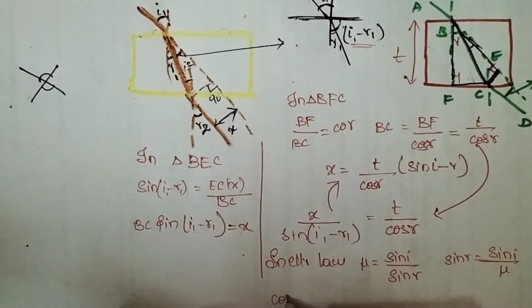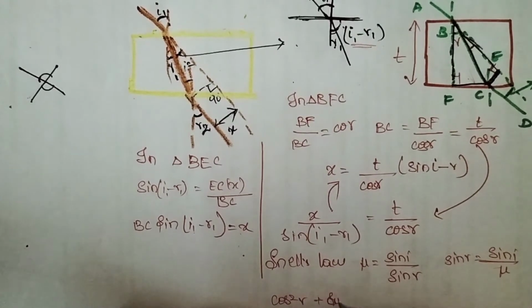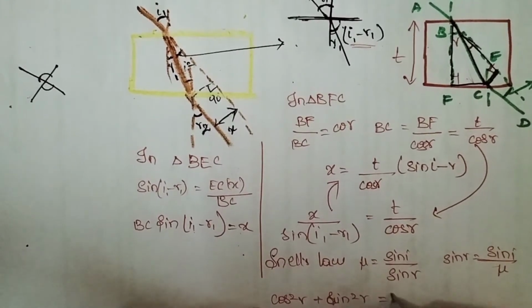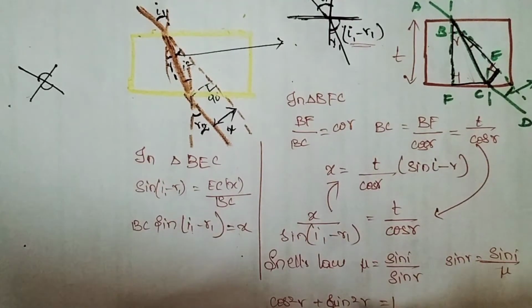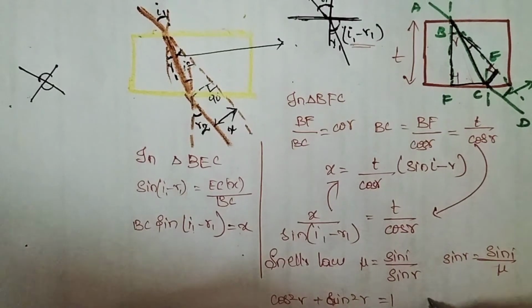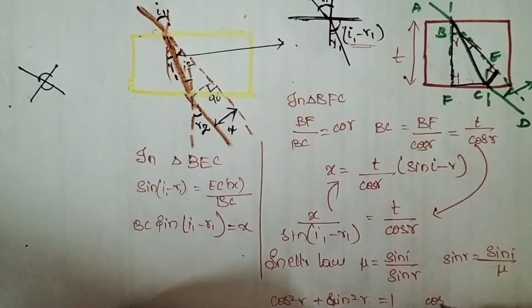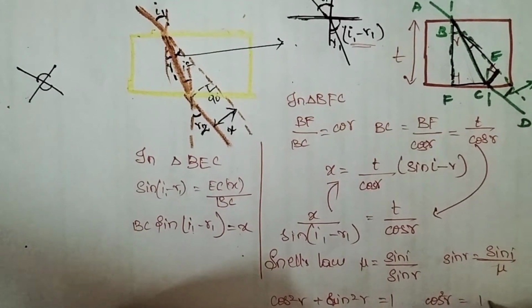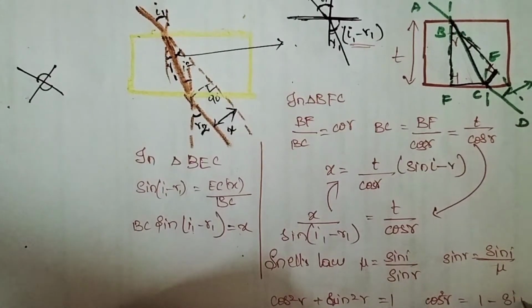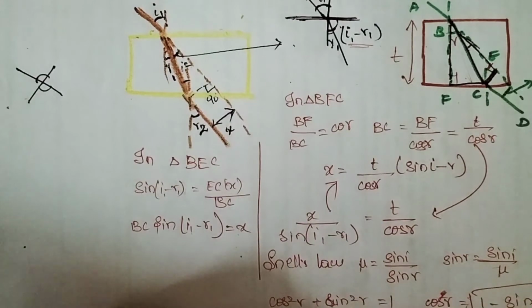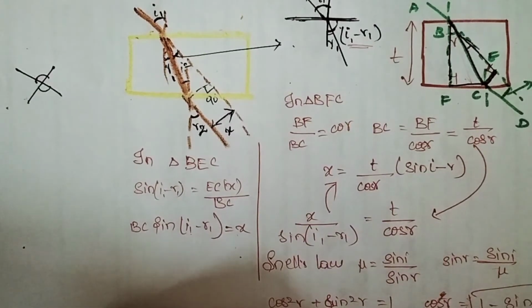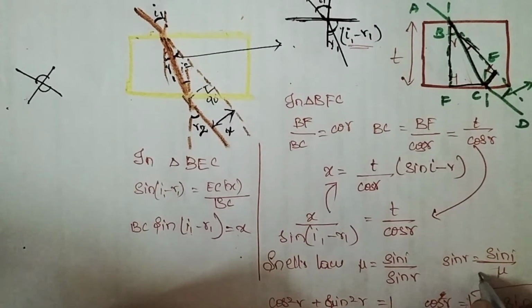We know that cos square r plus sine square r is 1. Then how can we get cos r? We convert the terms. Cos square r is 1 minus sine square r. This root goes over here, the square cancels. Now sine r, what is the sine r value?